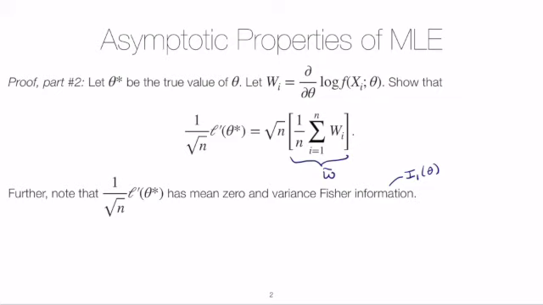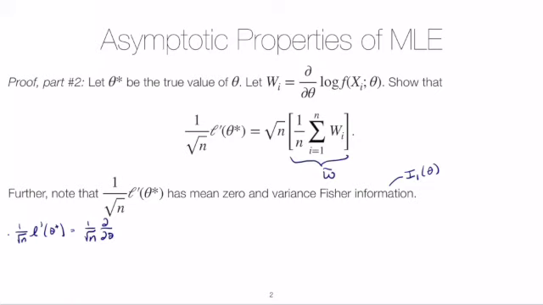All right, well, let's see how to do this. So first, 1 over the square root of n times the derivative of the log likelihood function evaluated at the true value. I think it'll be helpful to write this derivative as a partial derivative, because theta could technically be a vector rather than just a single value.